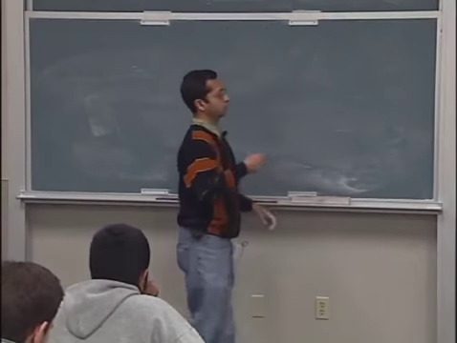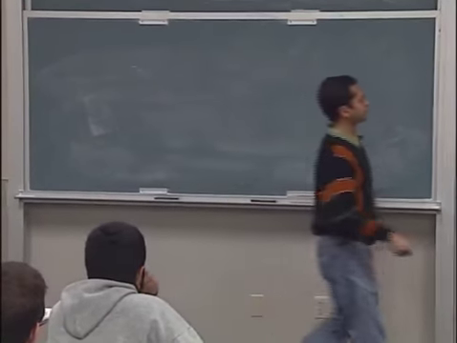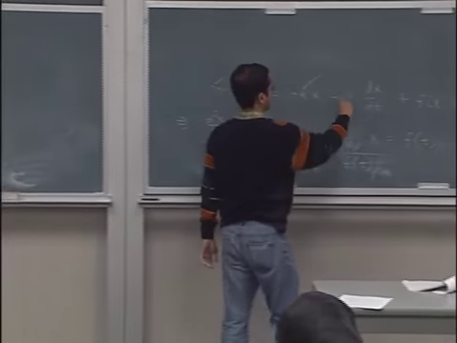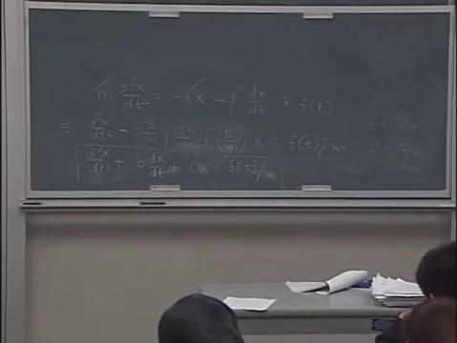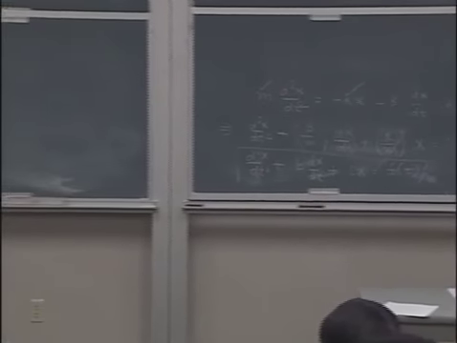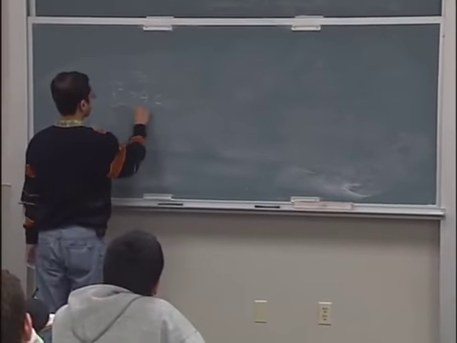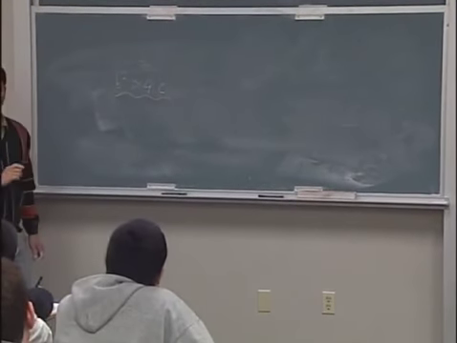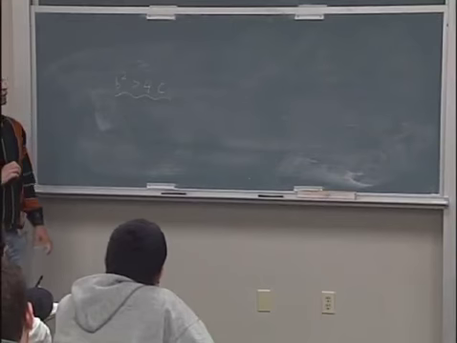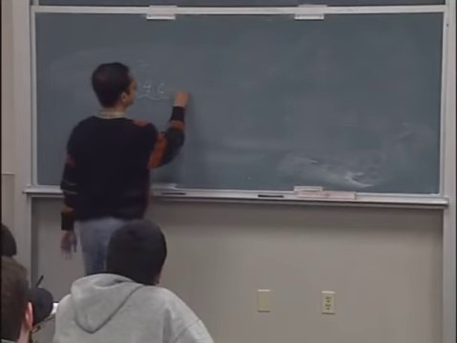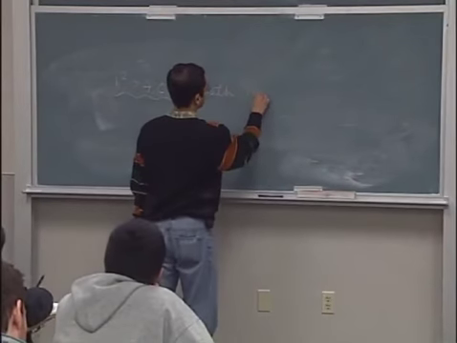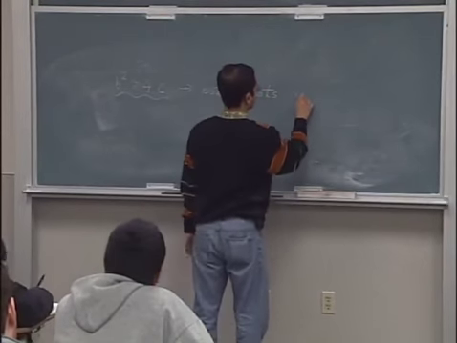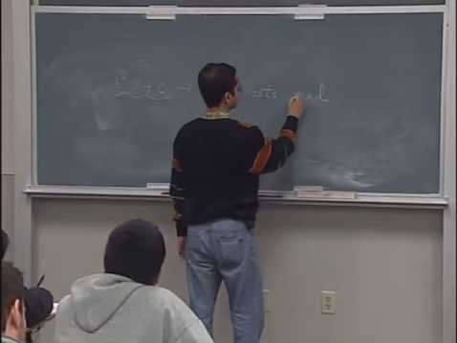Now, depending on the spring constant, depending on the mass of the system, you can have different types of solution. Okay? So if b squared is greater than 4c, what type of solution do you get? So you get both roots real. Both roots real.